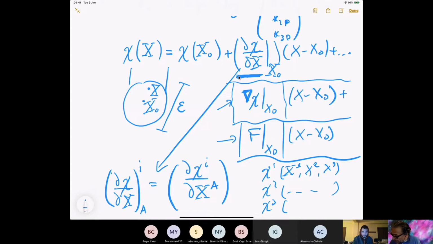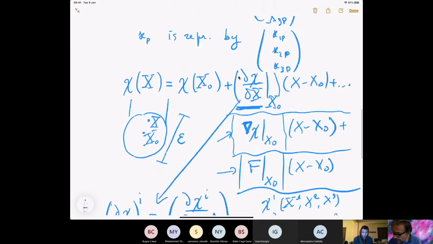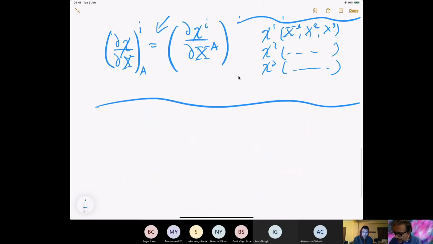So we have all partial derivatives of these three functions.